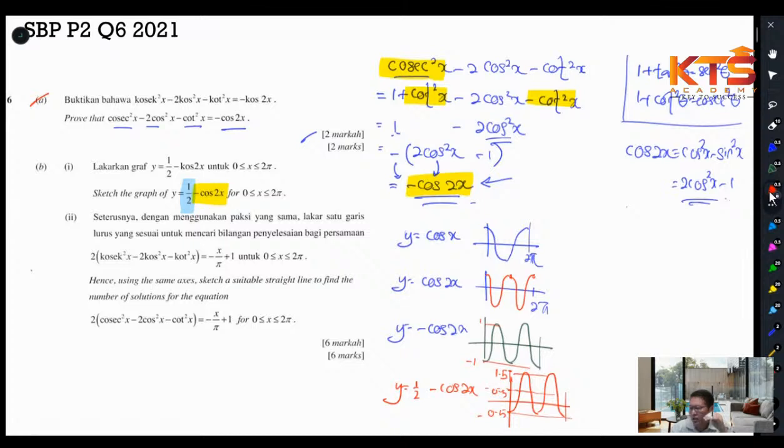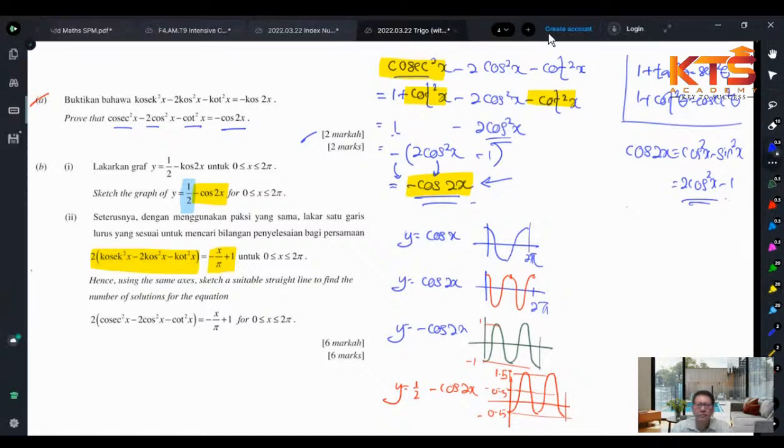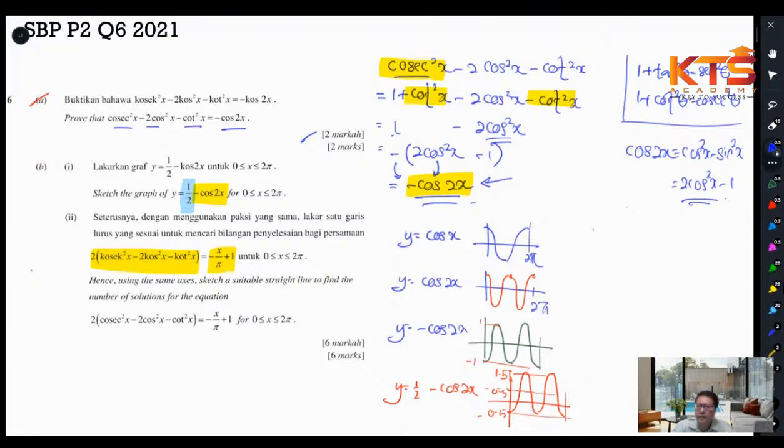Okay, then let's continue. Using the same axes. What is this? This one equals to this. It must be related to the top one. Let's try 2.